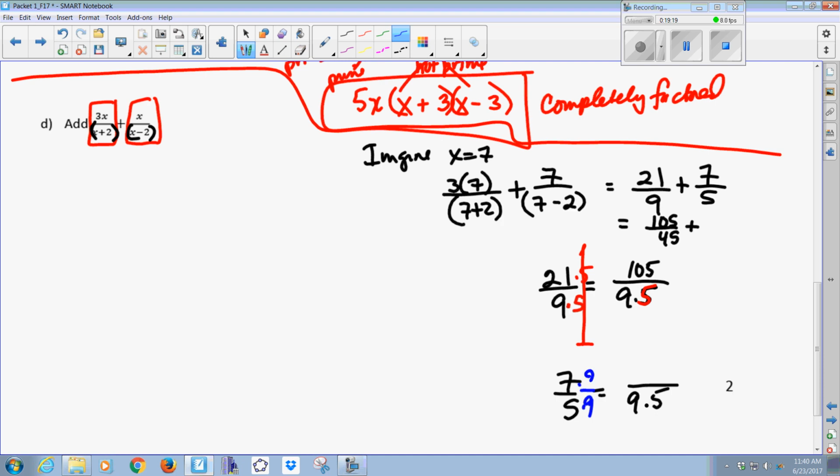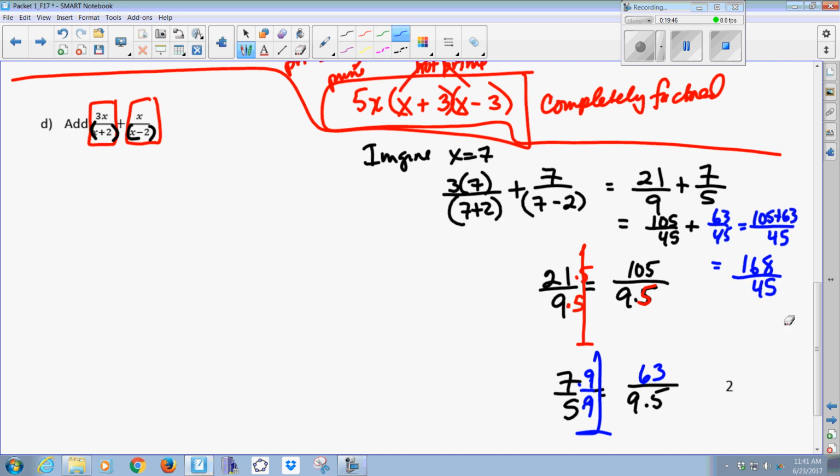So I have to multiply the numerator and denominator by 9, which means I'm really just multiplying this by the number 1, which keeps everything the same. So now I have 63 over 45. So this now becomes 105 plus 63 all over that common denominator, which is 168 over 45.